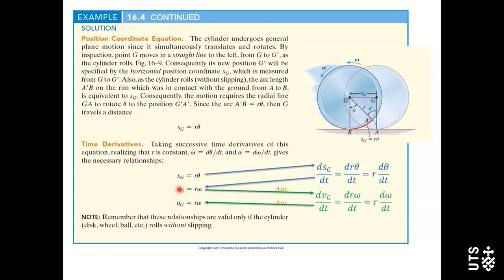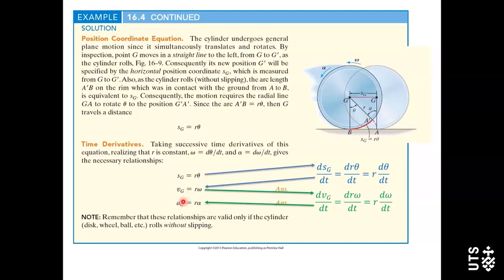So a_G = rα. And here, v_G is the velocity of the circle center point G. Omega is the angular velocity of this disk. a_G is the acceleration of point G. Alpha is the angular acceleration of the disk.